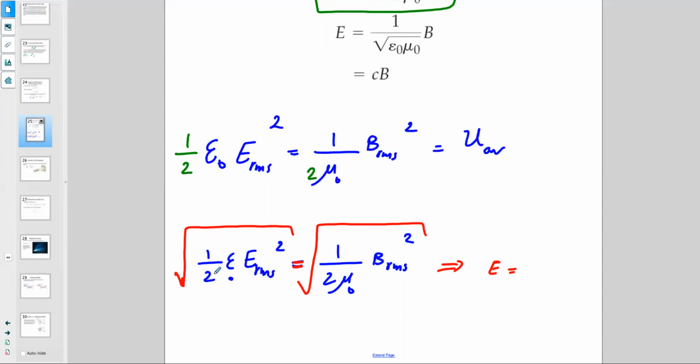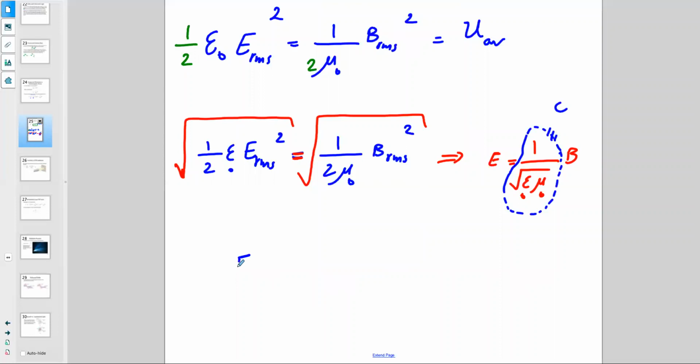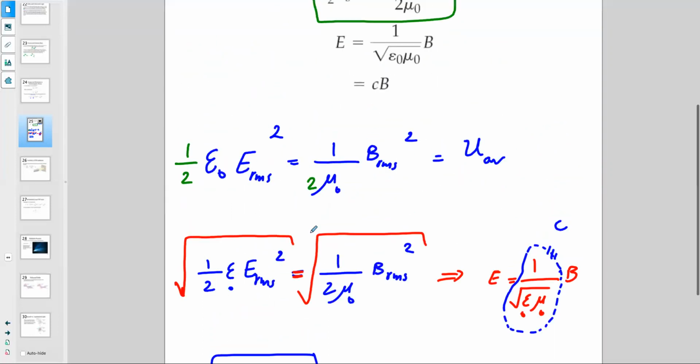So you're dealing with the square root of epsilon 0 and the square root of mu 0 in the denominator. So E is 1 over the square root of epsilon 0 mu 0 times B, but we already know that this is c. This is the speed of light. So E is c times B.